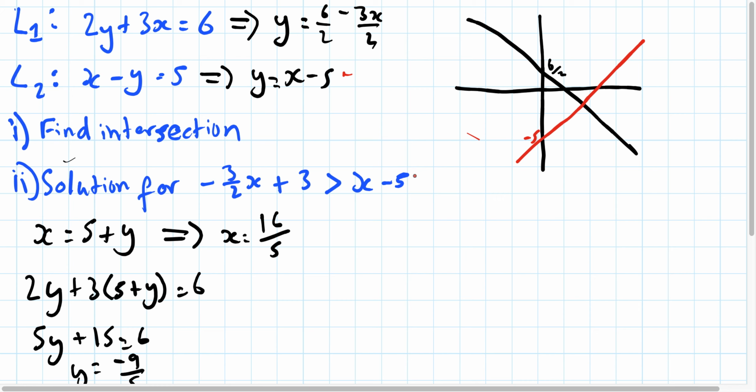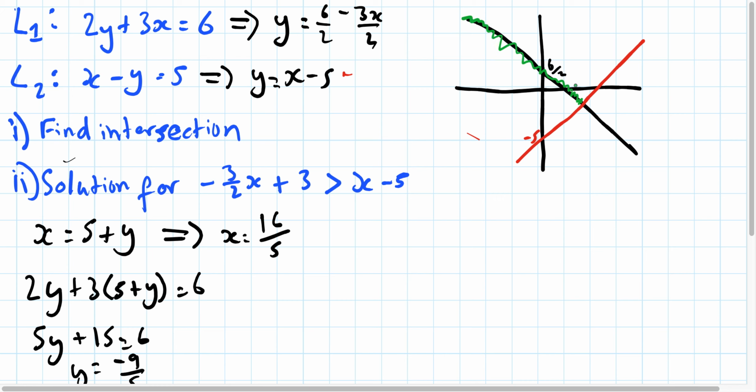Okay, so next part, we find the solutions for minus 3 over 2 x plus 3 is greater than x minus 5. So where here is this graph greater? It is all of these points here.